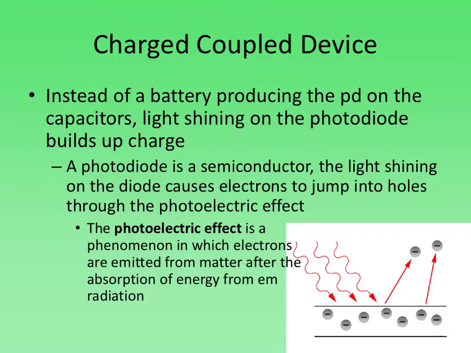When light shines on the photodiode, through the photoelectric effect, it causes electrons to be ejected from the surface. The electrons move from their original position into another place on the surface of that photodiode due to the absorption of the electromagnetic energy, and they create what are called holes. They're basically just places where the electrons used to be.